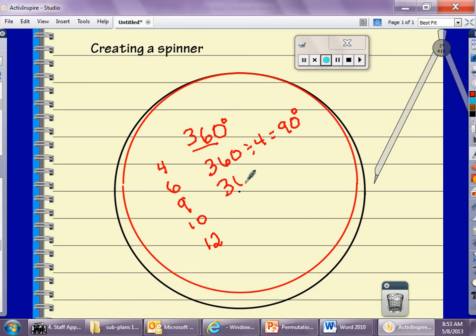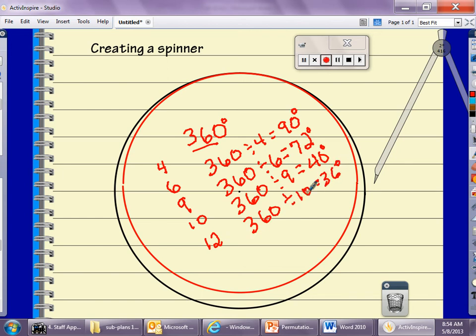For 6, 360 degrees divided by 6 would be 72 degrees. 360 divided by 9 would be 40 degrees. 360 divided by 10 would be 36 degrees. 360 divided by 12 would equal 30 degrees.